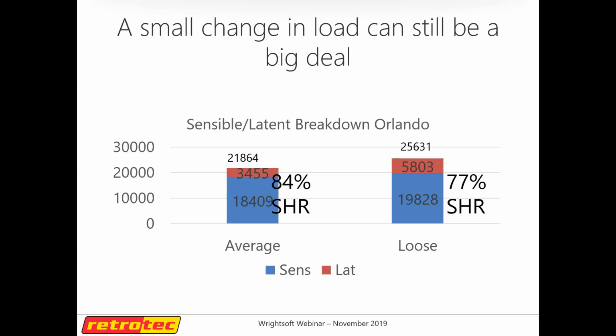You have systems out there, lots of them, right? Not all of them, but lots of them, that couldn't handle more than, say, 80, 85% sensible, because the most that they can do is somewhere between 15 and 20% moisture removal, right?